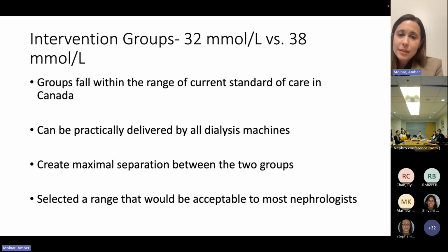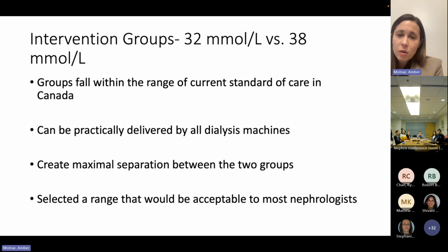We selected 32 versus 38 for a number of reasons. Firstly, these ranges of concentration do fall within the current standard of care in Canada and internationally. They can be practically delivered by all dialysis machines across all units.